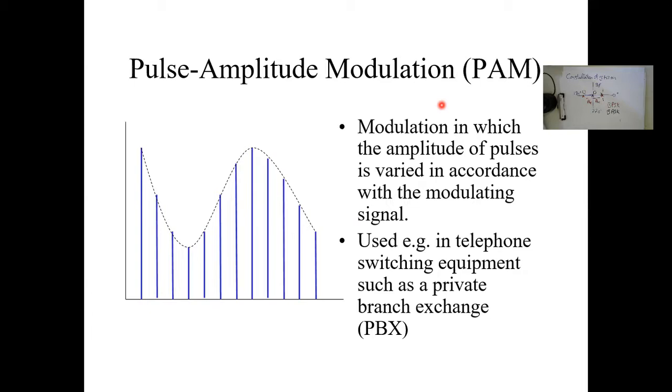What we call the PAM, or the pulse amplitude modulation. As you can see here, this is a rectangular pulse, and the magnitude of this pulse varies with the signal. This is typically the sampling process. If you remember the natural or flat top sampling process, this is typically the output of it. In this case, you don't have a carrier.